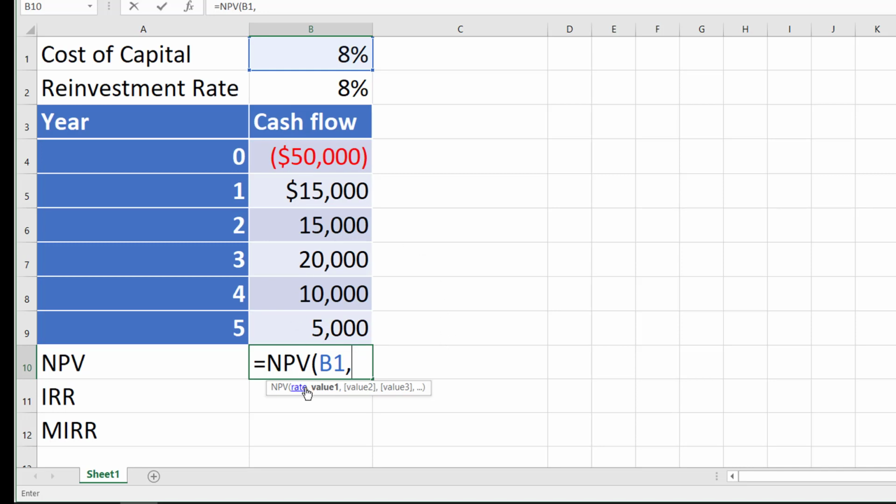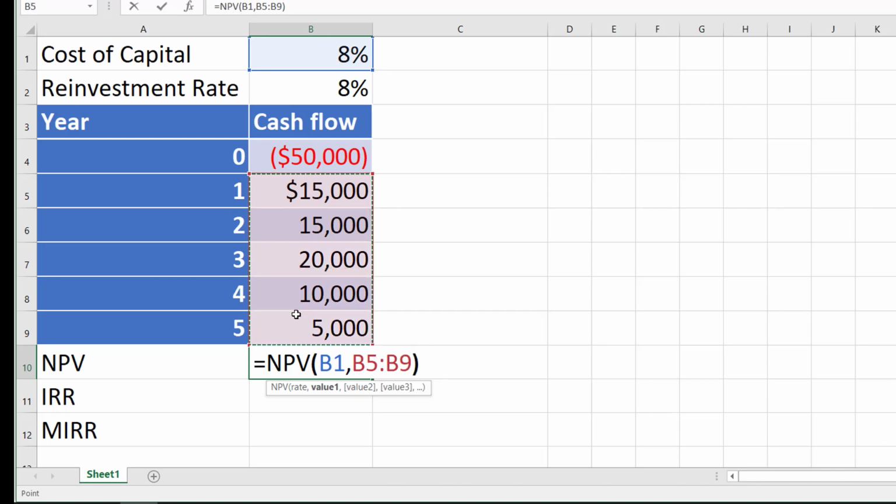You want to find the present value of all the future cash flows, right? So only the cash flow coming from year 1 to 5 you want to discount. Therefore, the numbers that go into the NPV function are only the numbers starting from period 1. So that's why we're going to start our numbers from period 1 to period 5.